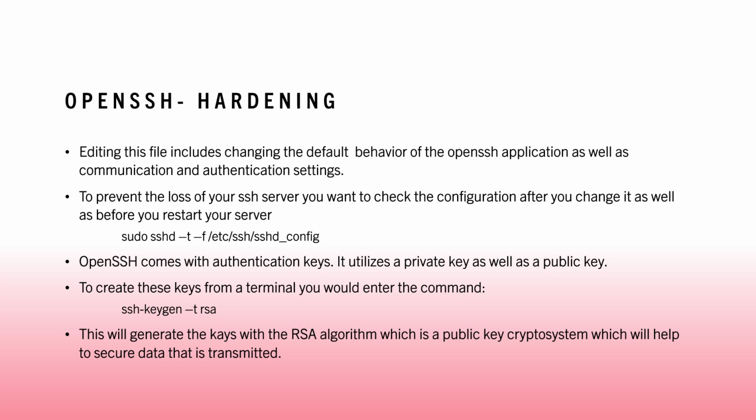The RSA at the end of the command will generate the keys with the RSA algorithm. The RSA algorithm is a public key cryptosystem which will help to secure data that is transmitted between machines.